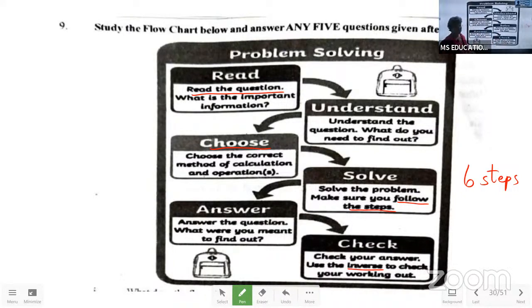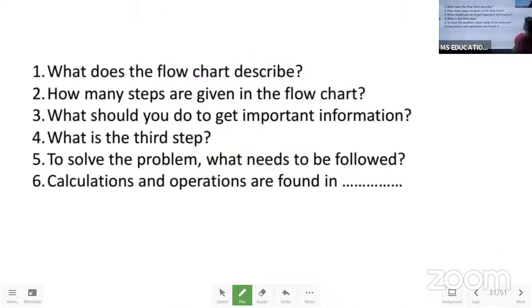What is inverse? It is found in inverse. So with this, we have completed all. I've done table, I've done bar graph, I've done pie chart, tree diagram, and finally, we have done the flow chart.